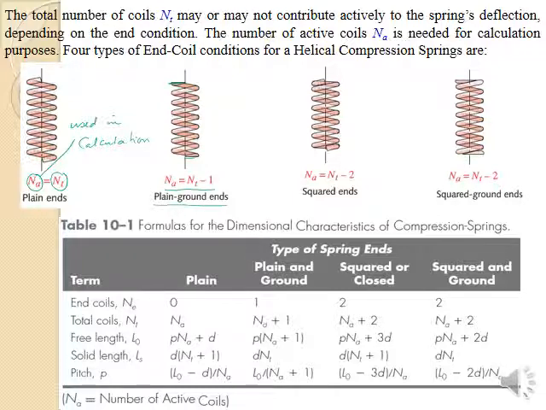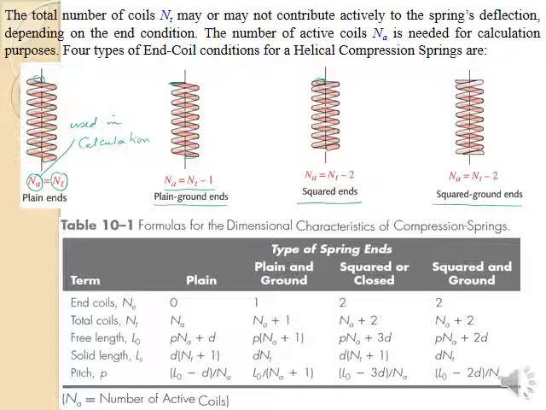When it is a squared end, then again it is cut, but you look at the difference between the way it is cut over here. It is called square ends, and the active coils are the total number of coils minus 2, and the last one is the square and ground ends.